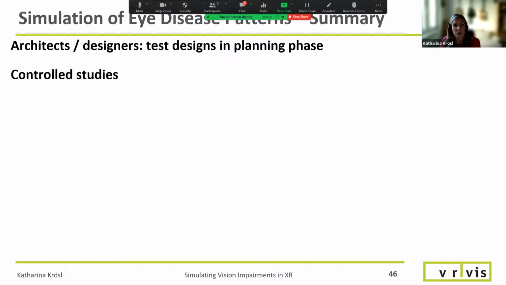And our symptom calibration and medical informed simulations of eye disease patterns in VR now allow us to conduct controlled studies with participants with normal sight, which is much easier than to get participants with the exact same form of vision impairment.